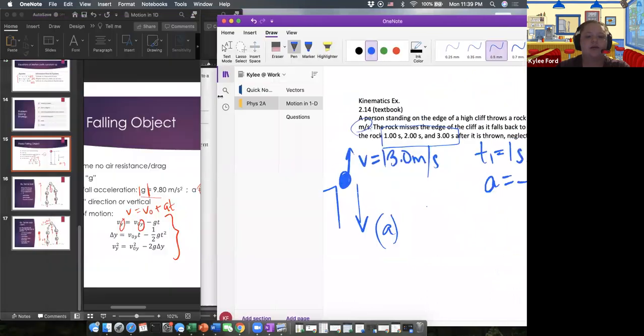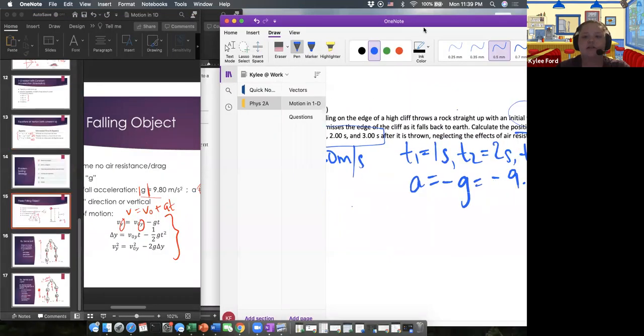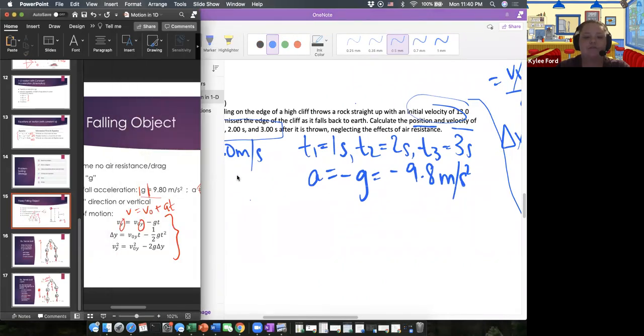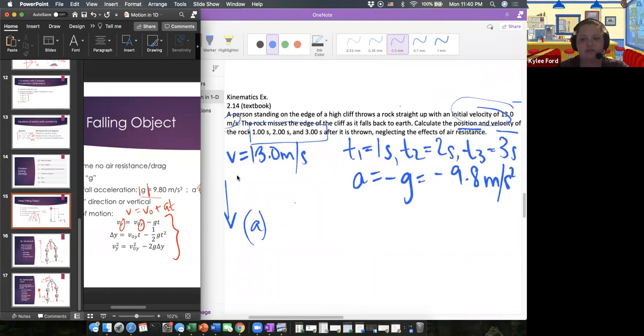We want our position and velocity at each of these times. So the first thing is position.